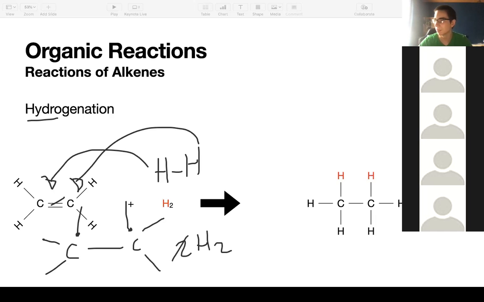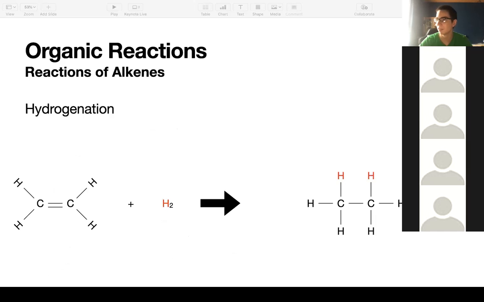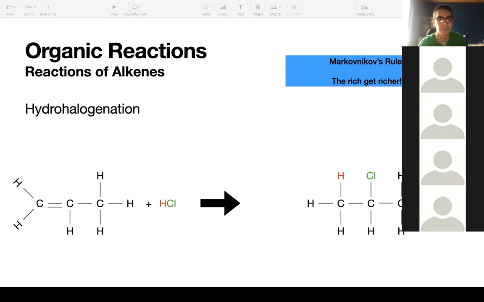So I'm going to clear this. The next one we have is hydrohalogenation. So the introduction of, in this case, HCl, a hydrogen attached to a halogen. And we get specific outcomes.